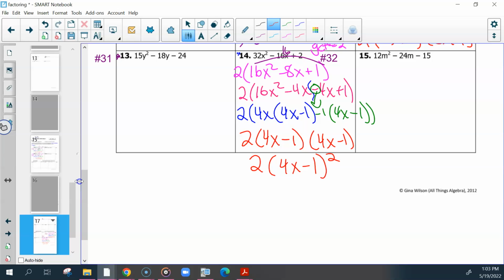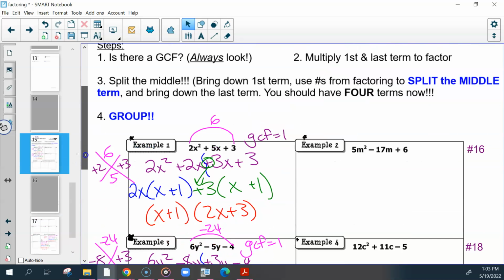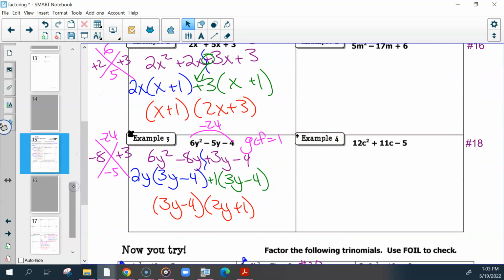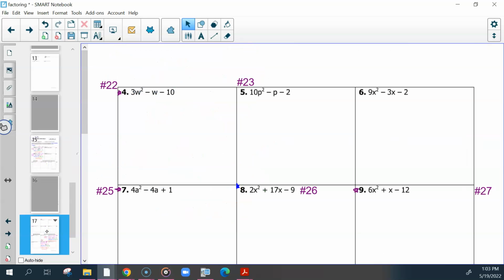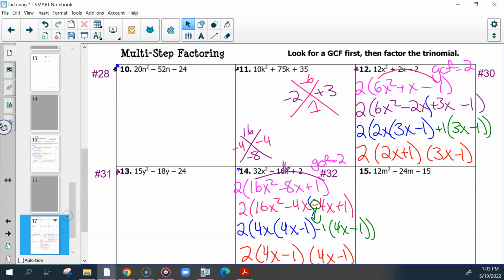So for the remainder of class, you have time to go and practice. I would say try as many of these as you feel like you need. Do some of the more regular ones that don't have a GCF or the GCF is 1. There's a bunch of those. Make sure you try some of the GCF ones. I know it starts here and then there are some more in the back on the practice page. So do some of both types.